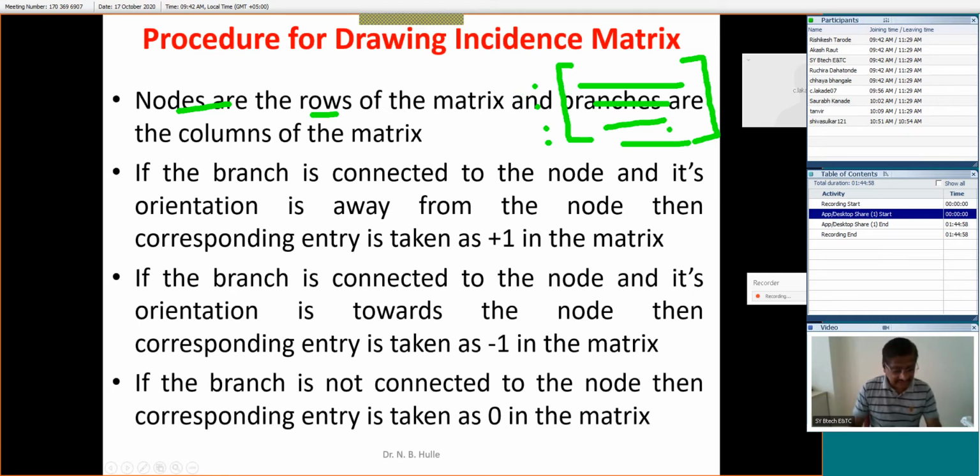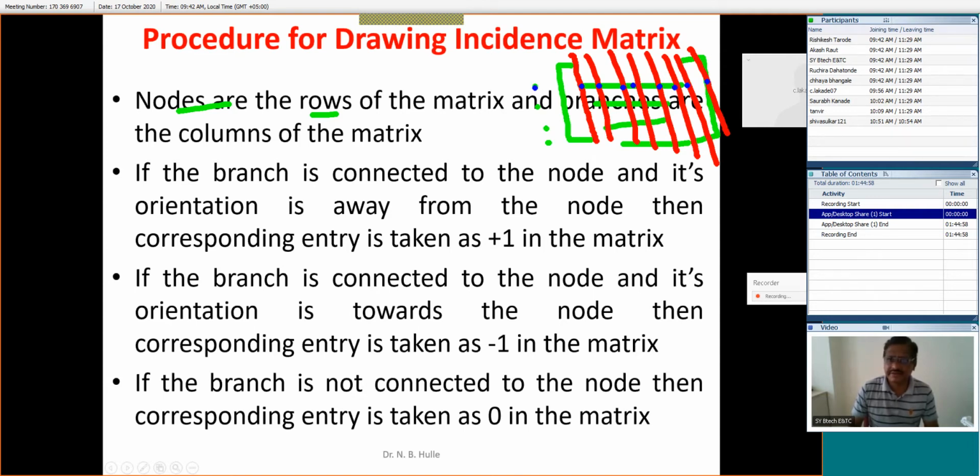And if that graph consists of 8 branches, this is column number 1, column number 2, column number 3, column number 4, column number 5, column number 6, column number 7 and column number 8. Here is one element, here second, third, fourth, fifth, sixth, seventh and eighth.